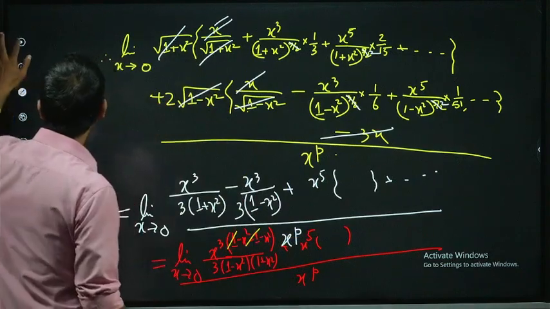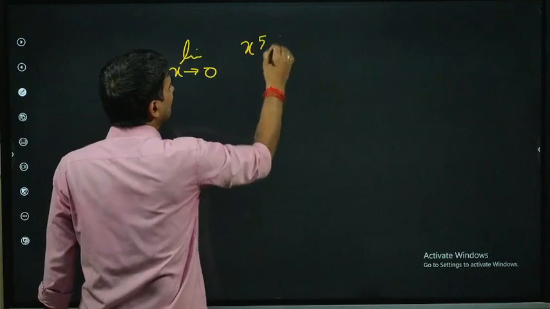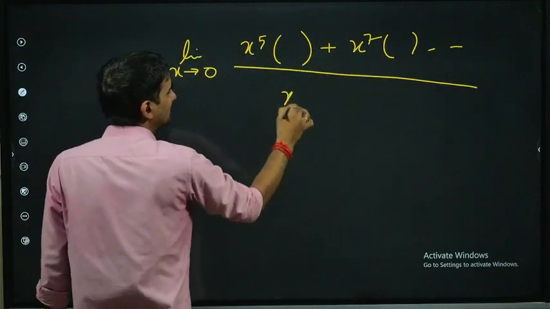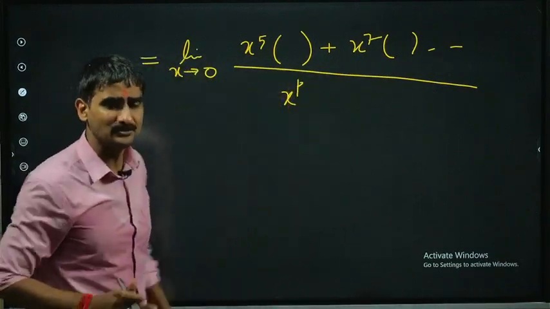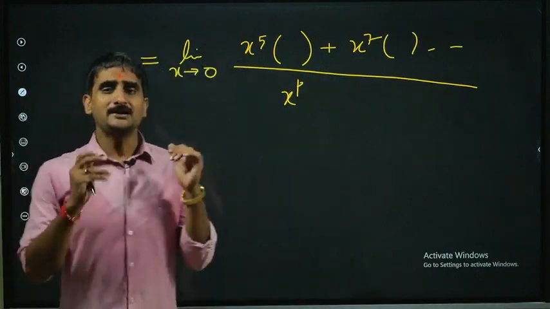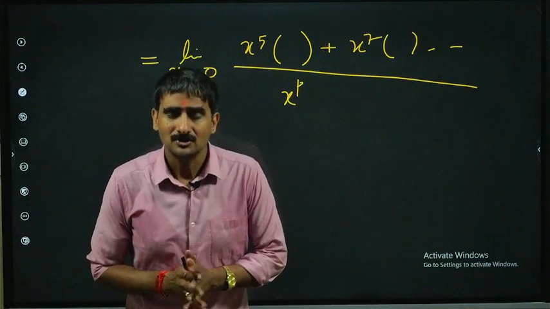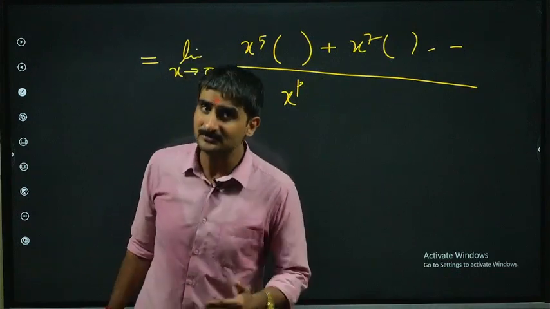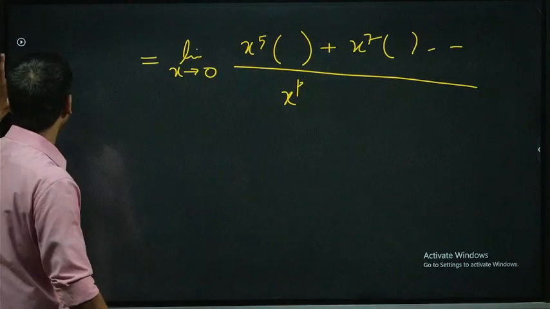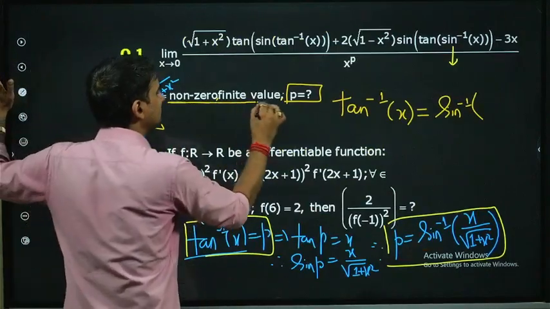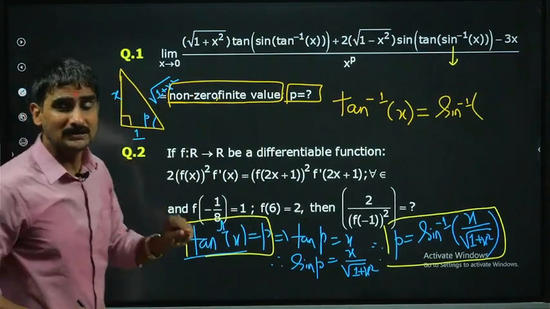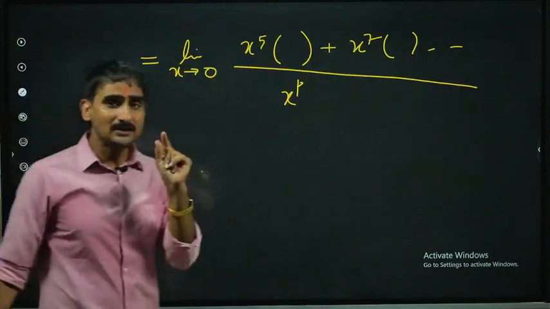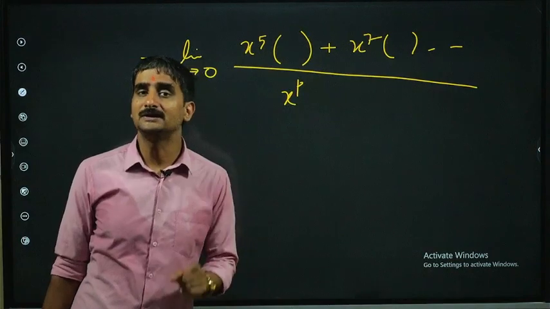Now what happens is you have x raised to the power 5 times something plus x raised to the power 7 times something dot dot dot upon x raised to the power p. Now be very clear about it. I think we have already discussed that if you have 0 by 0 indeterminate form and both numerator and denominator are algebraic terms, then to have a non-zero finite value, we need to ensure that the least degree of numerator and denominator must match.